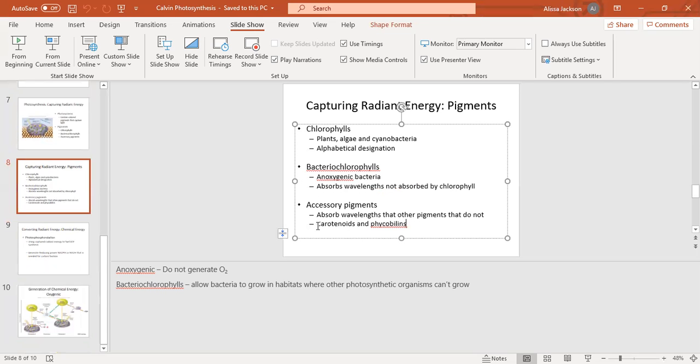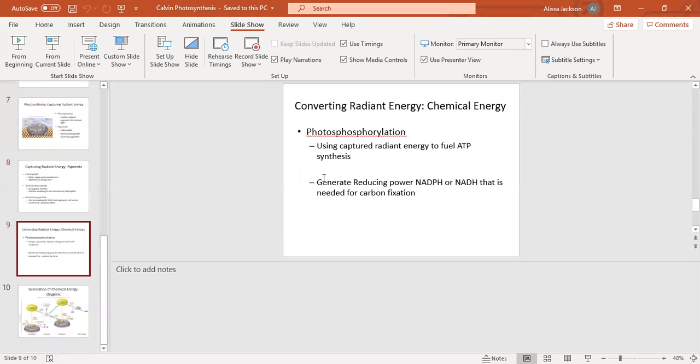So the carotenoids and phycobilins. And another thing is this is all, I believe, in chapter 5 of our textbook. Photophosphorylation, using energy to fuel ATP synthesis and generate NADPH or NADH needed for carbon fixation. So this is the process of converting the sunlight into chemical energy, photophosphorylation.